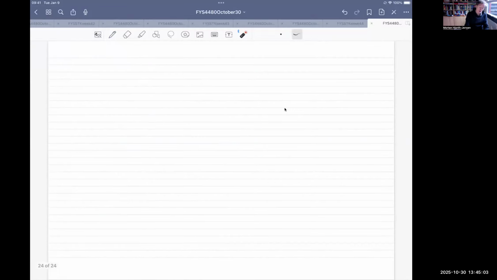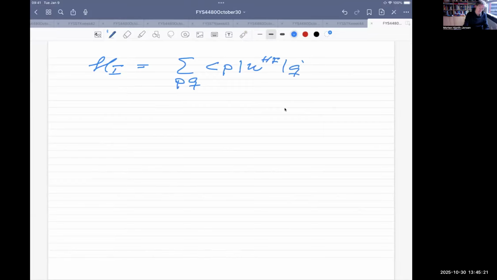So it means that our term H_I, the way we are going to use it, is going to be given by this Hartree-Fock term, the sum over pq of h_HF of pq a_p† a_q, plus 1/4, and now we're using anti-symmetrized matrix elements.